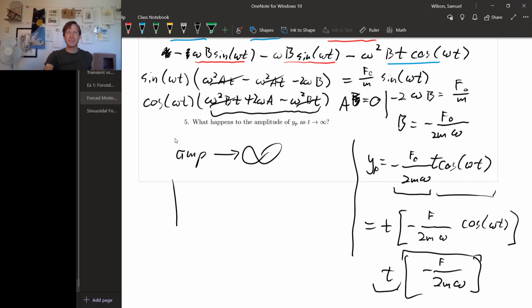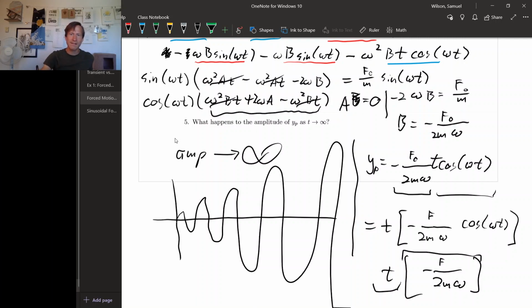So that means that this particular solution looks like this. Remember, this is what happened when we assumed that the angular frequency of the forcing was equal to the natural angular frequency of the system.